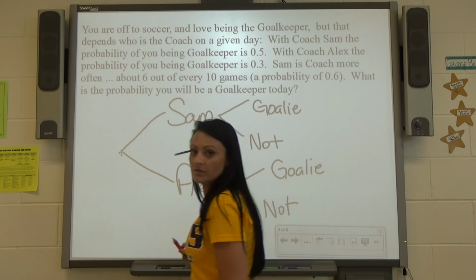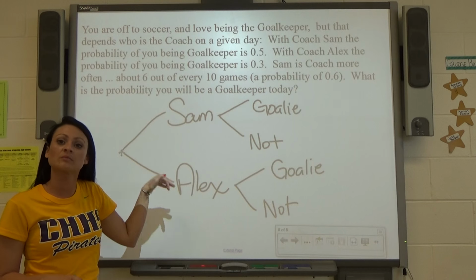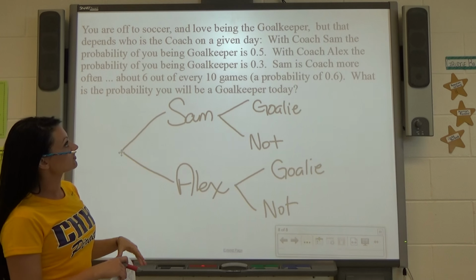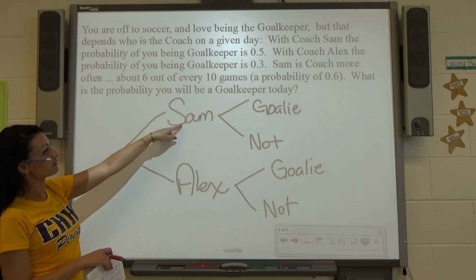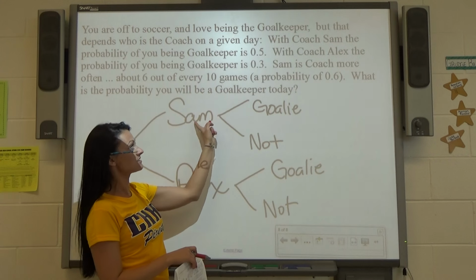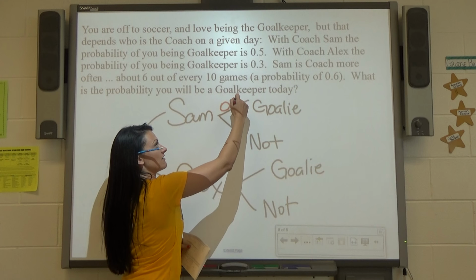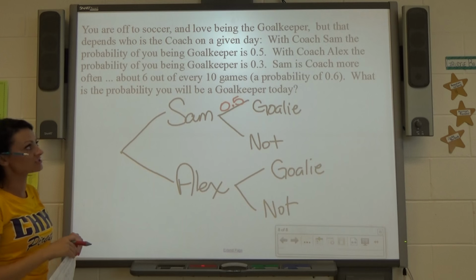So I'm going to go through again my problem and see if I can start filling in some pieces of information, some probability on the branches. So with Coach Sam, we have a probability of being goalie of 0.5. So on my Sam goalie branch, I'm going to put 0.5 because that's my probability with Coach Sam.